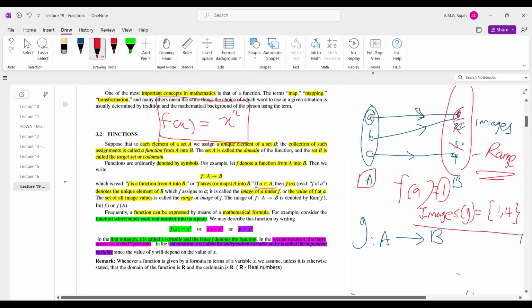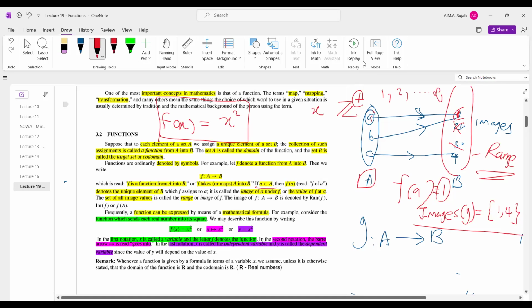So can you find out the range of this function? Just imagine x is a positive integer. Positive integer means starting from 1 to infinity, right?